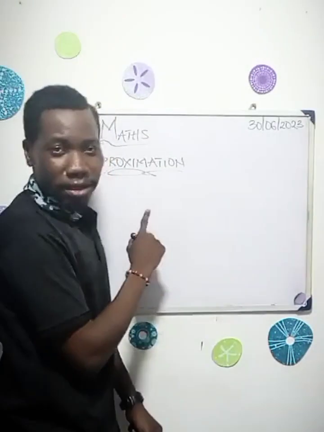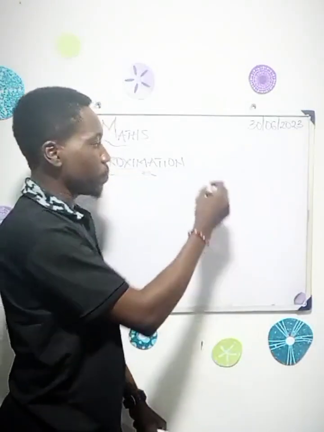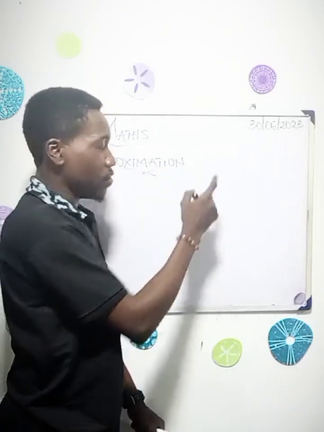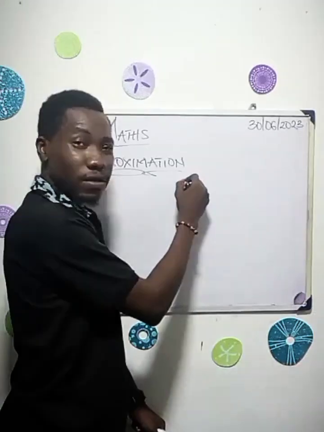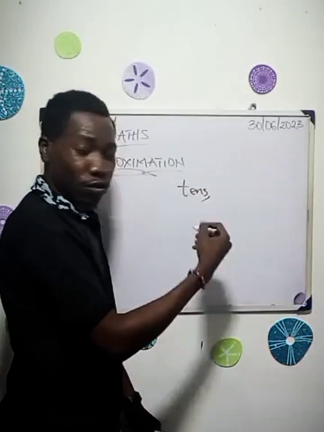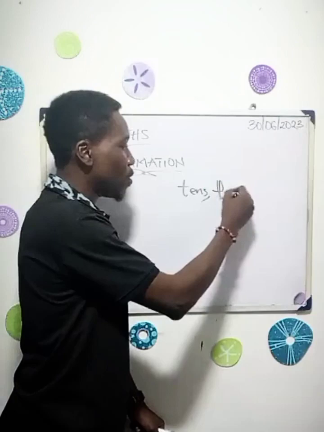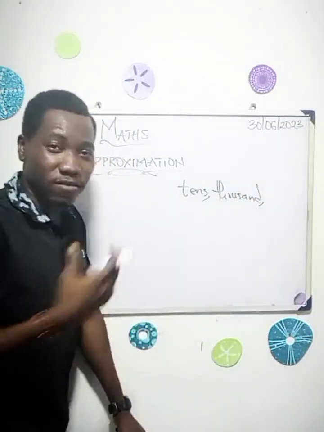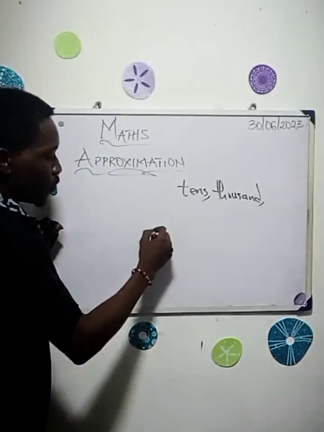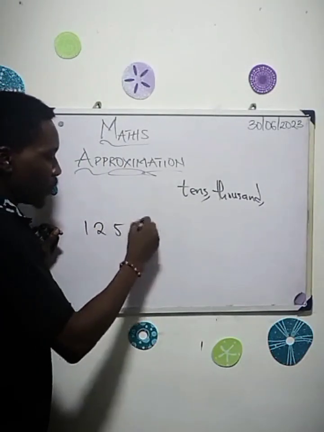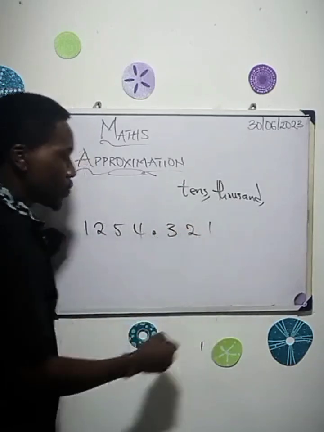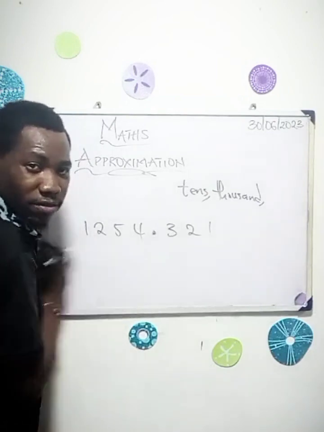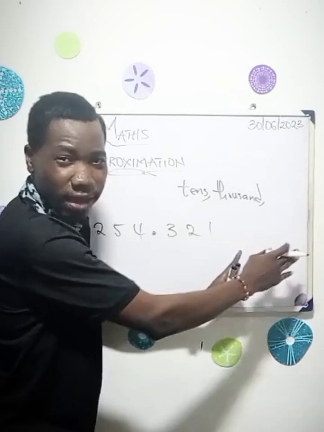So before I give you an example, let me quickly explain this also. You might be told to approximate either to a particular place, for example, to the nearest tens, or to the nearest 1,000. I want to believe that we already know our place values, but let me still mention that. If you have a number like 1254.321, for all numbers, the numbers on this side are the whole numbers and the numbers on this side are the decimal numbers.